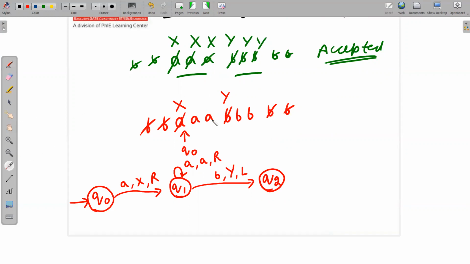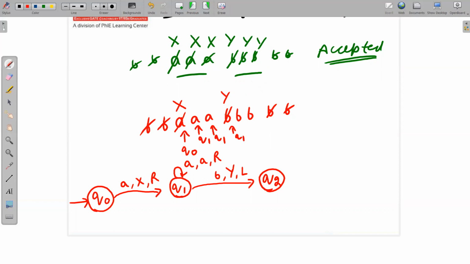See here carefully. On Q naught, A was read, it was made X and we moved forward. On Q1, Q1 reads this A, it will ignore it and move to the right. Again Q1 reads this A, ignores it, moves to the right.